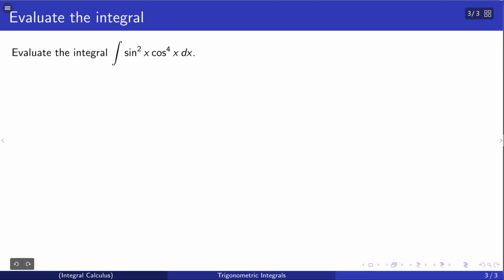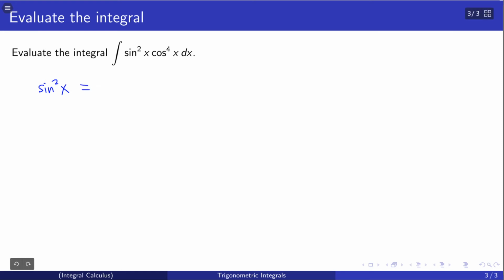So it turns out if both of them are even, then making the substitution either u equals sine or u equals cosine, you'll always run into that case where you'll have an integral with a square root of something. And, well, again, we don't really like that, right? It becomes a bit harder to evaluate, when in fact there are other easier methods to simplify even powers of sine and cosine.